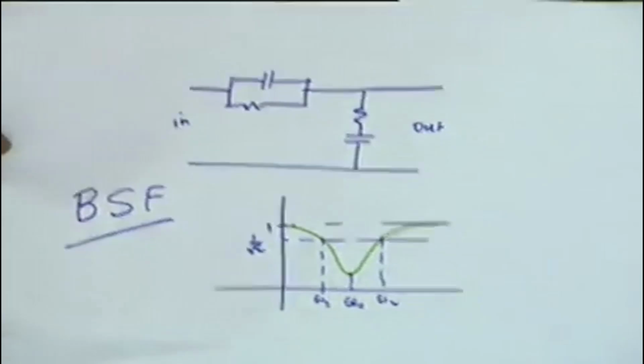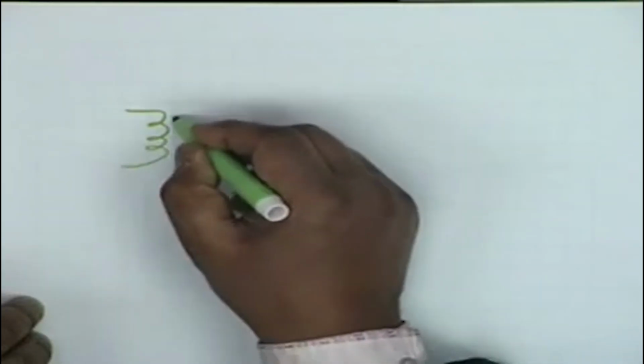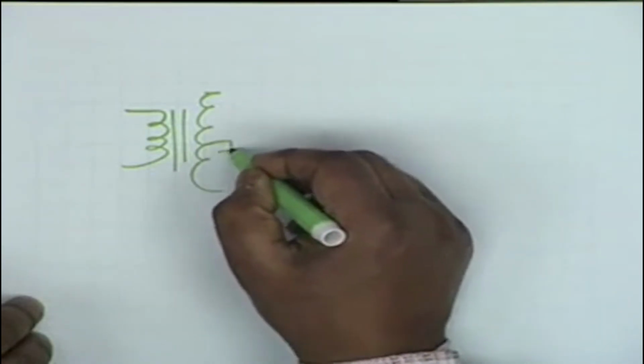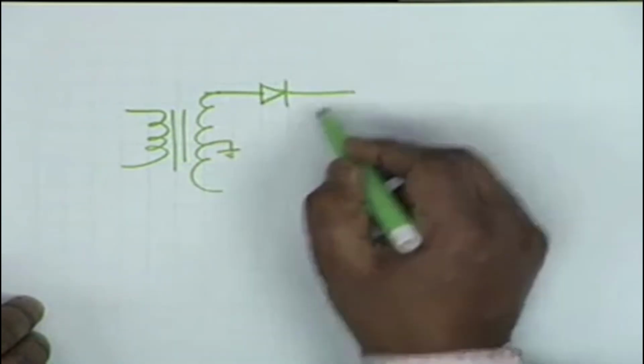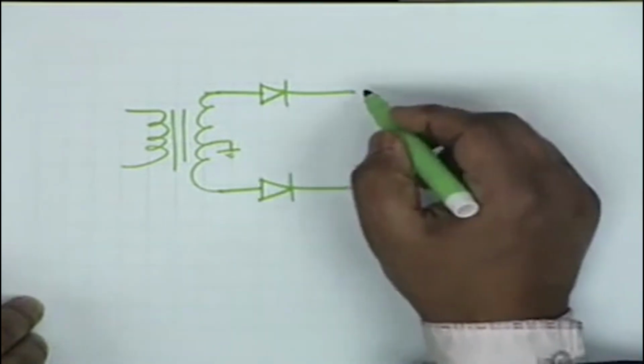Alright. Now let's see one of the practical applications of a filter. You recall our full wave rectifier circuit, which had a center tapped transformer and two diodes, like this.